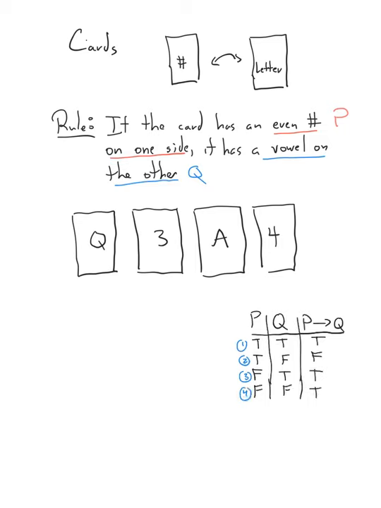So rows 1, 2, 3, and 4. Okay. This is a good opportunity to ask you guys to pause the video and see if you can determine which of the cards must we check to determine if our rule is being followed.